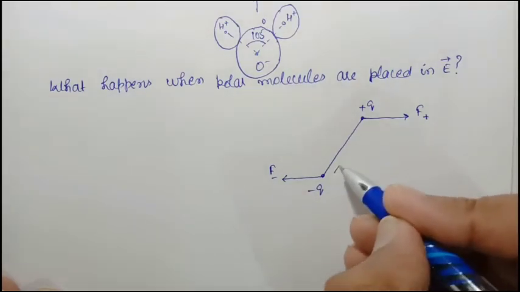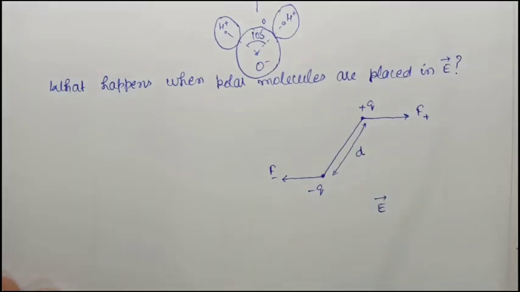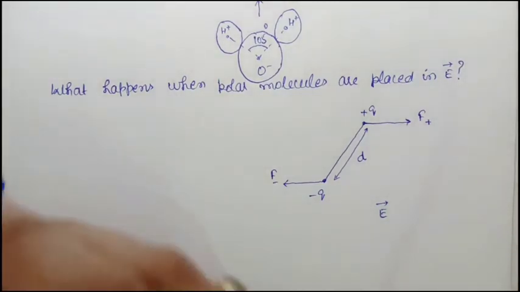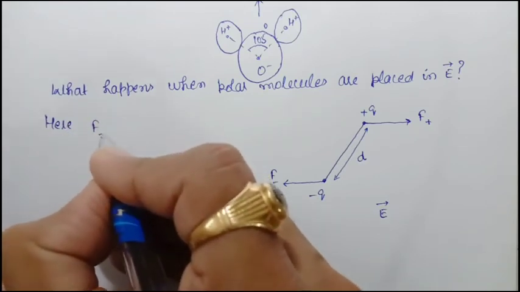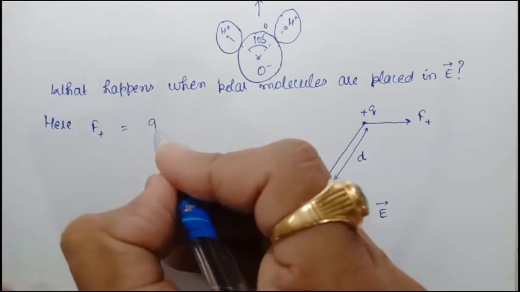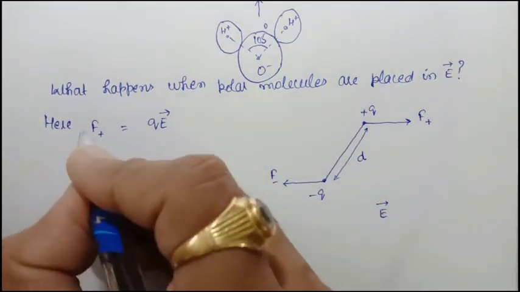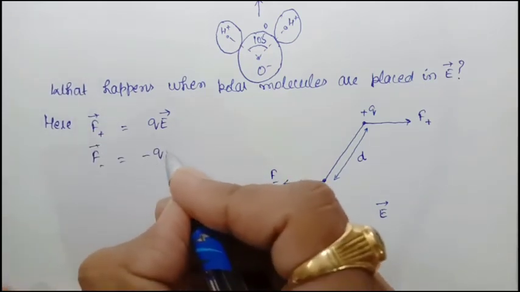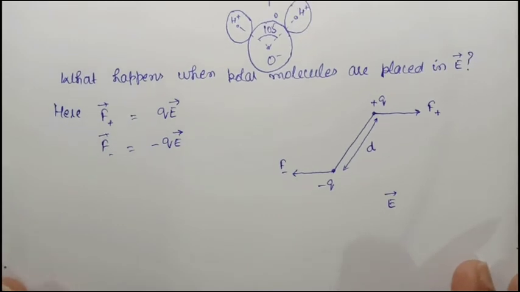The distance between these two is D. So F positive is equal to QE, and F negative is equal to minus QE.